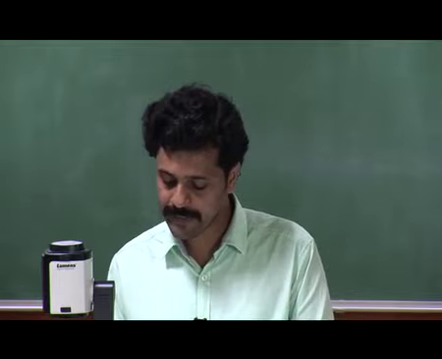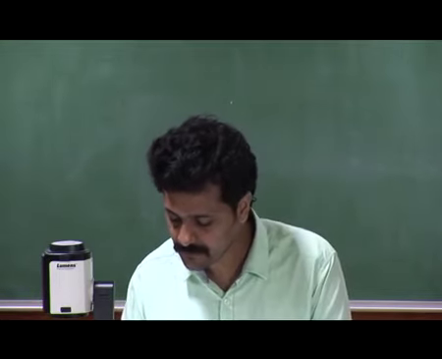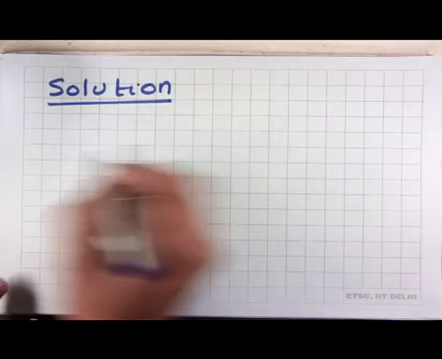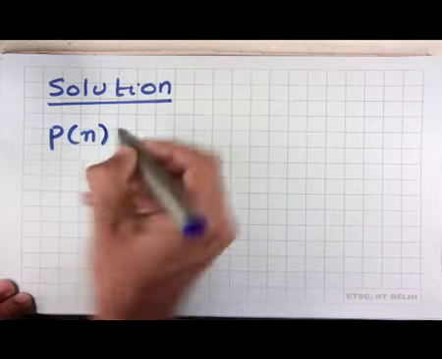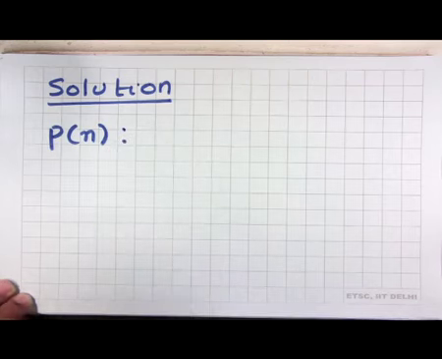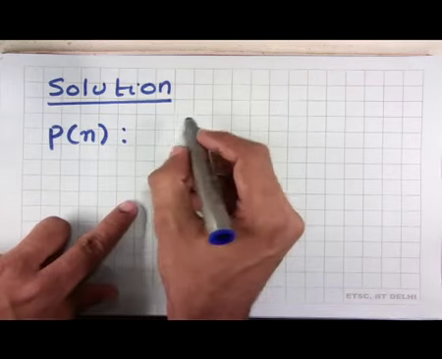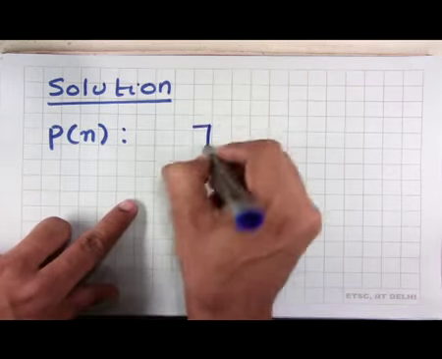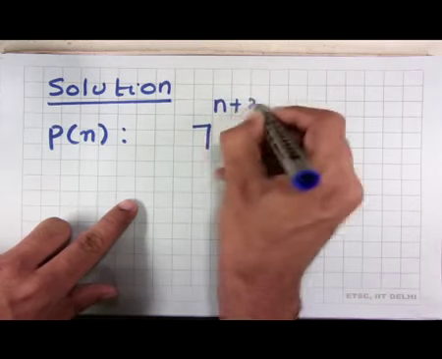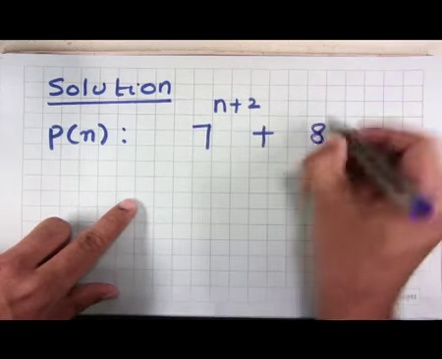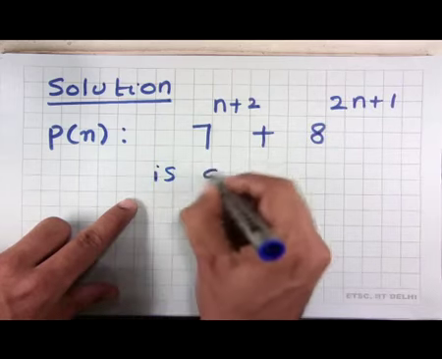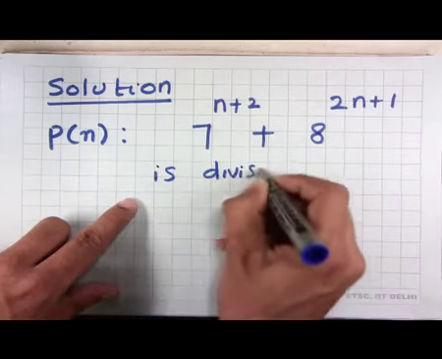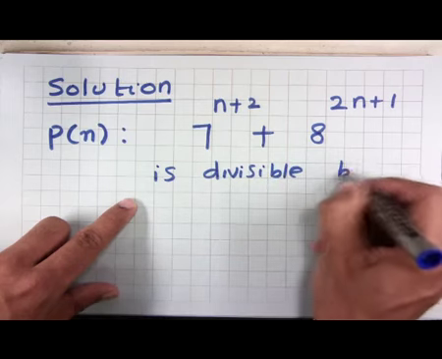Let us employ mathematical induction here. As is practice, the statement which is required to be proved, let me call it P of n. So, P of n is the assertion that 7 power (n plus 2) plus 8 power (2n plus 1) is divisible by 57.